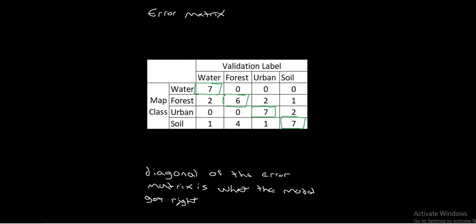Because that's going to play a very important role in pretty much all of the calculations that we're going to do in the next videos, is understanding that at a minimum, this diagonal is what the model did well. Okay?